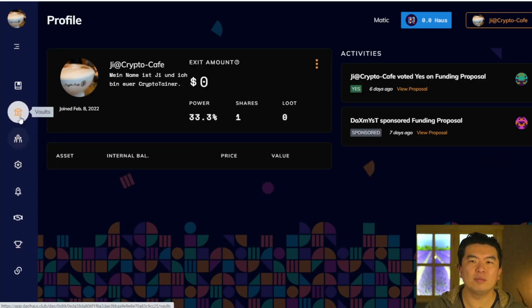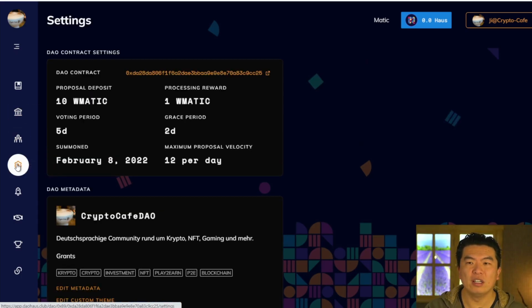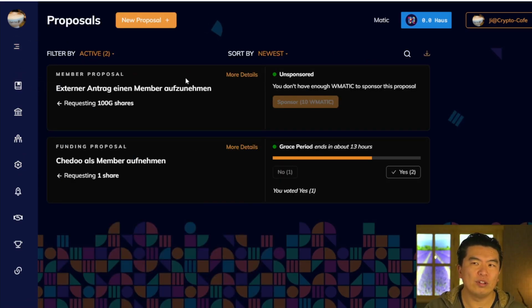Yeah, that's basically everything. To get started with DAOHAUS, if you want to really get familiar with it, I would suggest that you get 2 or 3 people together and build a DAO for the beta phase to try around a little bit, like I also did, and get used to all the specifics of the DAO.